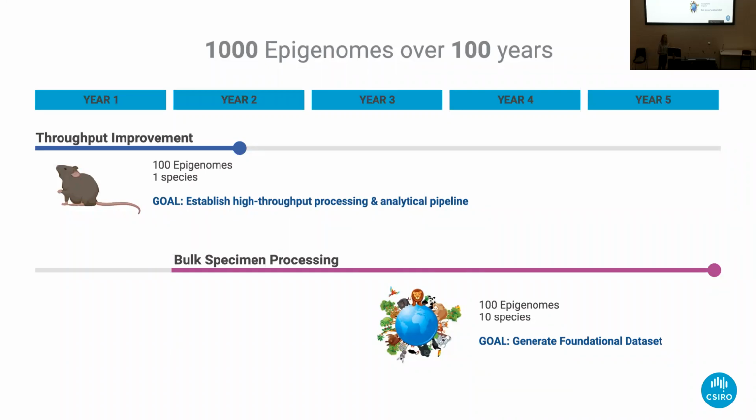So that's going to involve making the methods much more high throughput. It is a highly repetitive carpal tunnel inducing protocol at the moment, but we're going to make it something that's much more high throughput, and then apply that to 100 epigenomes from 100 different species across time so that we can get this really deep understanding of temporal epigenomics from different taxonomic groups. And so we are really excited to start down that path.